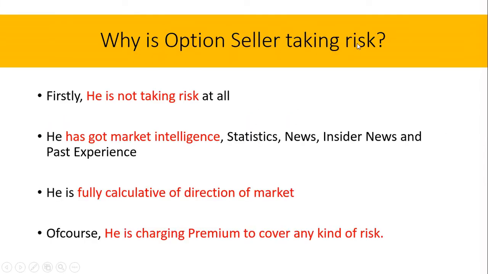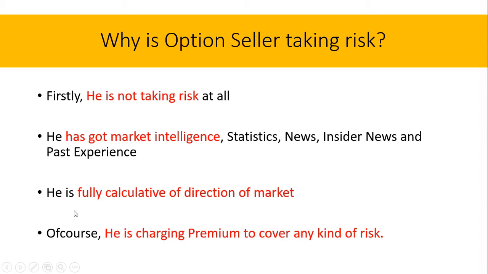Why is the option seller taking risk? They are very smart investors, they have a calculation in their mind and they know the direction of the market. They are very sure about the market. Think about the banks, the mutual fund companies, the insurance companies. They already have a lot of market intelligence, statistics, insider news, and they have been in the market for very long.